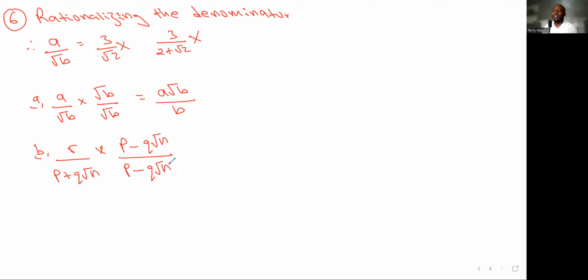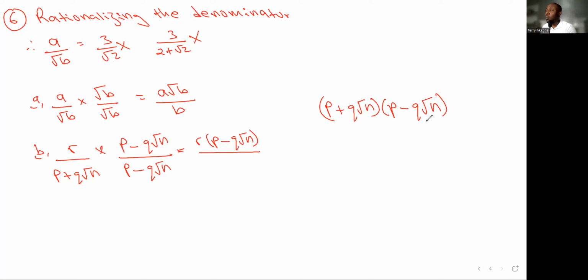So you can see in this case now that when you multiply, it's going to give you R multiplied by P minus Q root N divided by, now we talked about expanding brackets. So we have P plus Q root N multiplied by what? P minus Q root N. So like I said, you're going to use the first element to multiply.